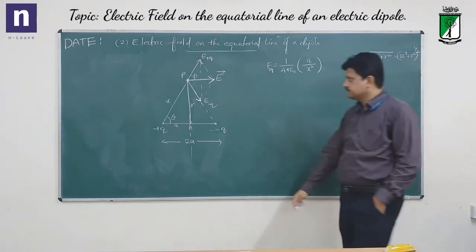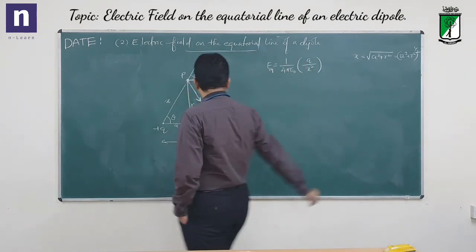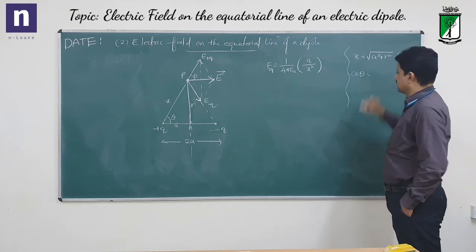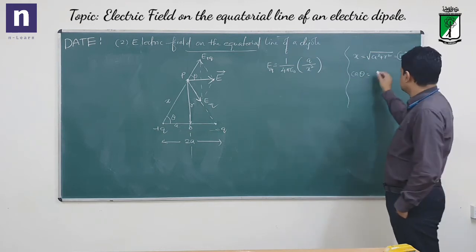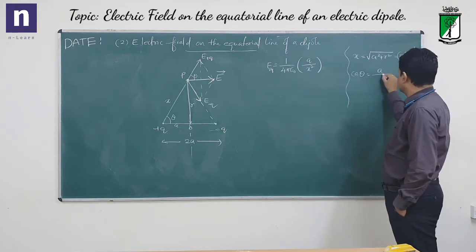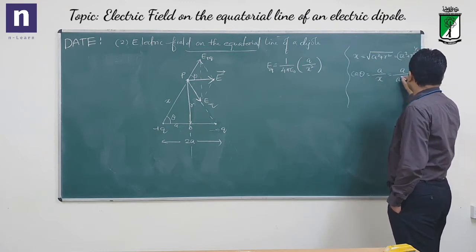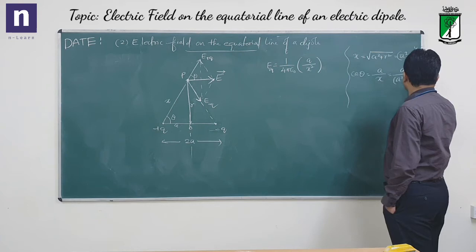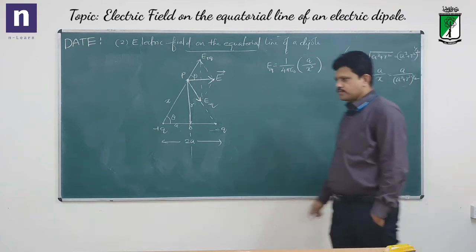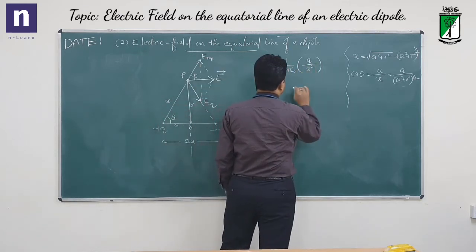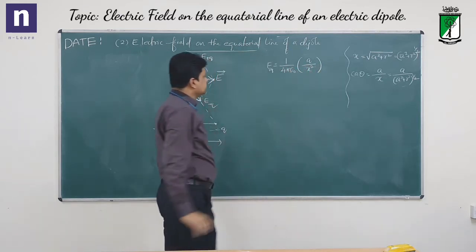Then what is cos theta? Cos theta is equal to adjacent by hypotenuse, which is a divided by x, which is a divided by (a square plus r square) power half. Anyway, for the time being, let it be as it is.